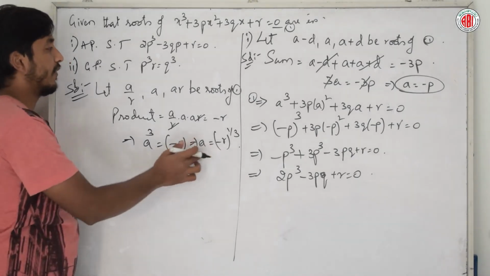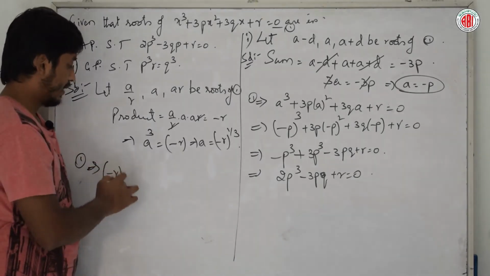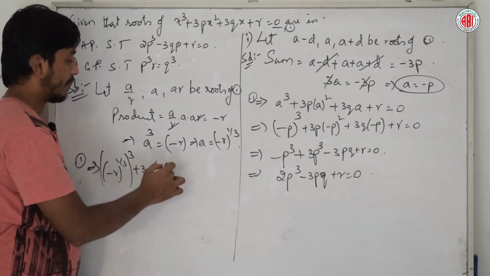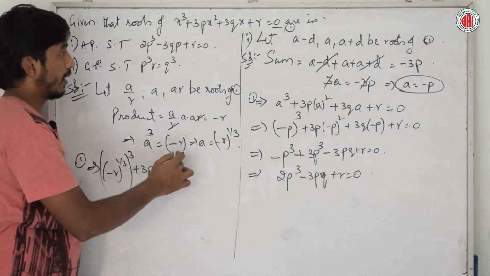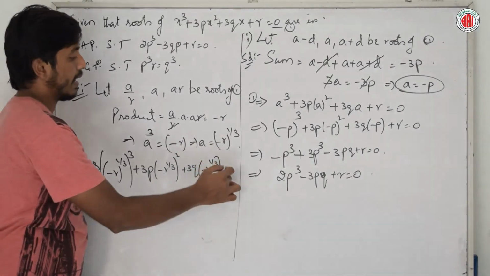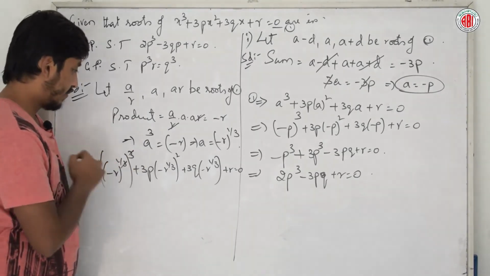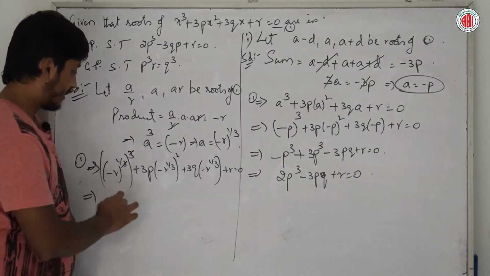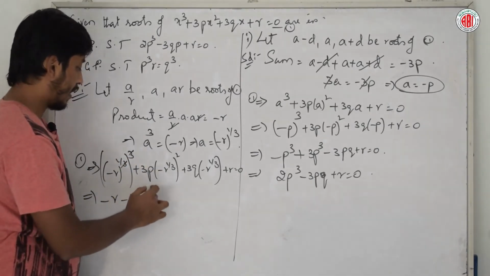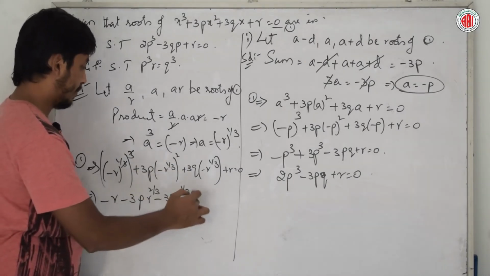So let us substitute the value of a in this equation. So from 1 we'll get minus r power 1 by 3 whole cube plus 3p into minus r power 1 by 3 whole square plus 3q into minus r power 1 by 3 plus r is equal to 0. Is it okay? Now this will get cancelled. I will be left with minus r. Okay, and here this will be like plus 3p r power 2 by 3 and here minus 3q r power 1 by 3 plus r.